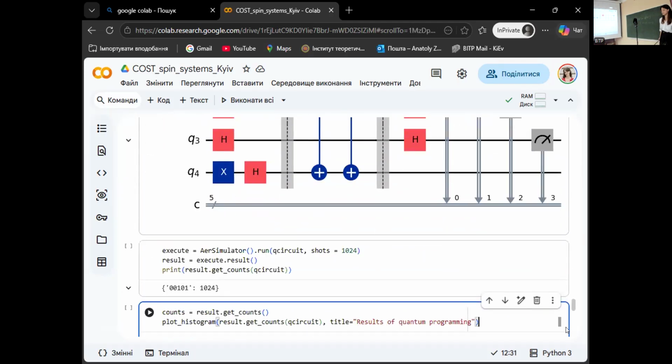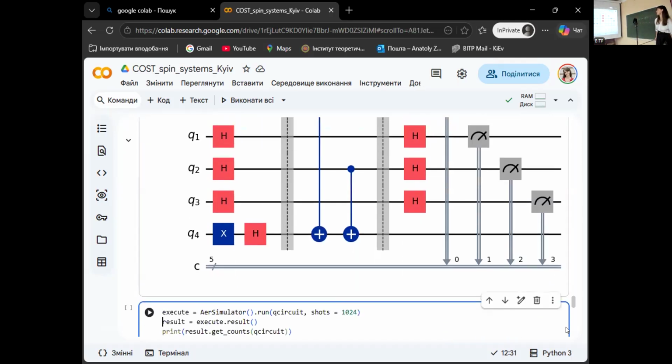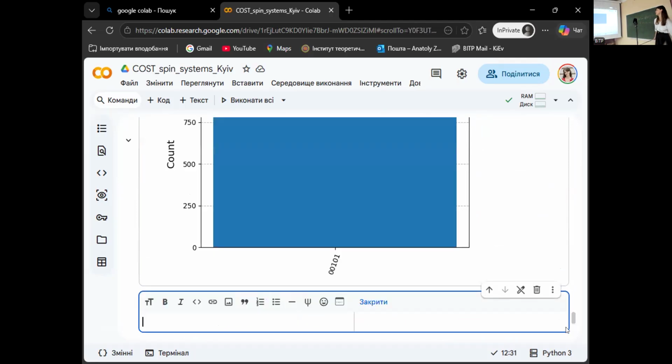And the last one for today is the Bernstein-Vazirani algorithm, for the string 1, 0, 1, 0, and we measure 4 qubits. And what do we achieve as the result?